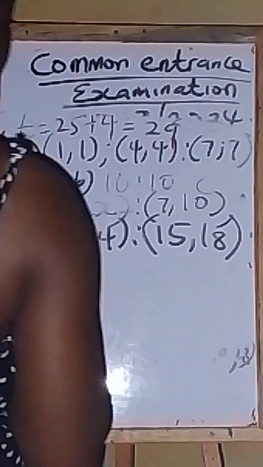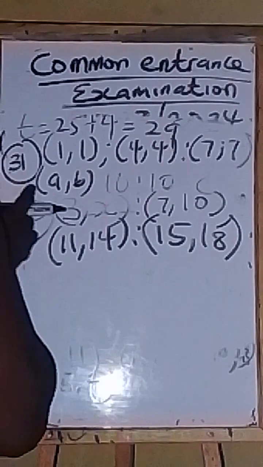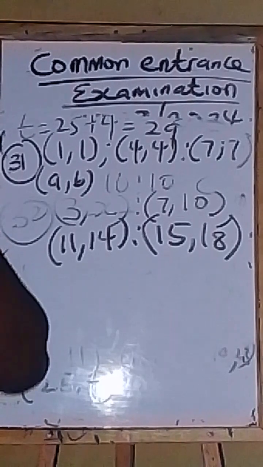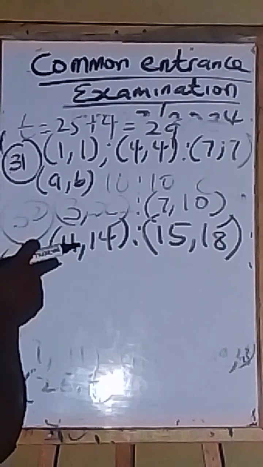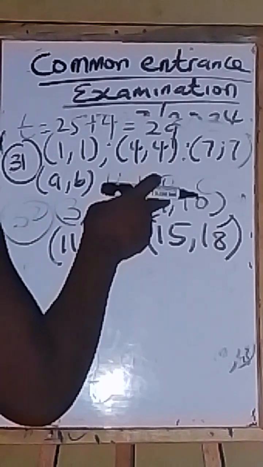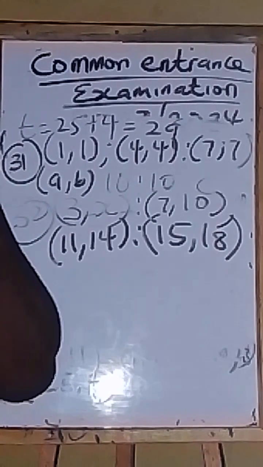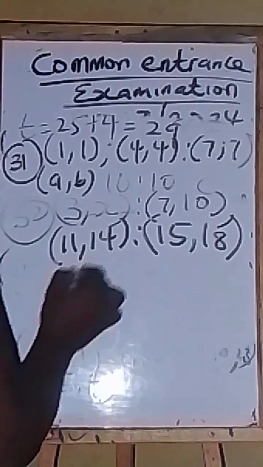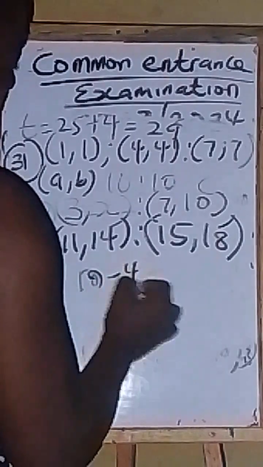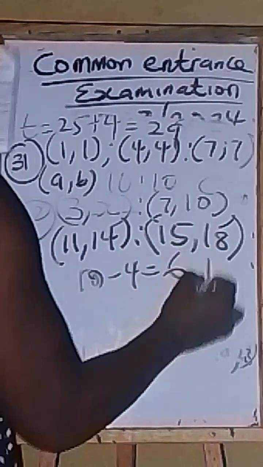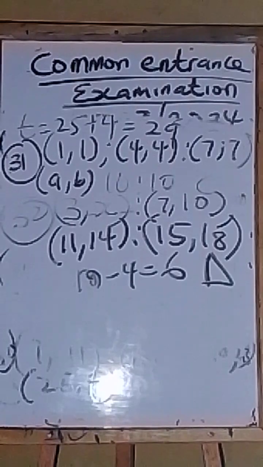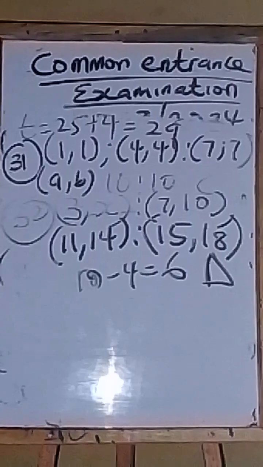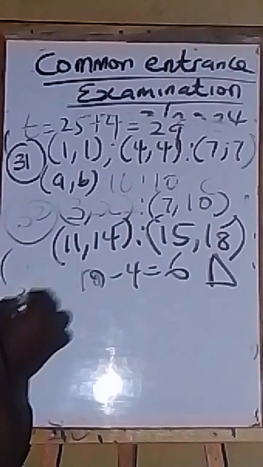The difference from 3 to 7 is 4. From 7 to 11 we have 4. From 11 to 15, that's 4. So we just subtract 10 minus 4, and that will give us 6. So the answer is option D.